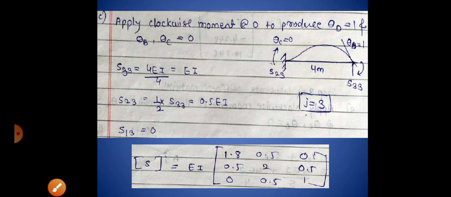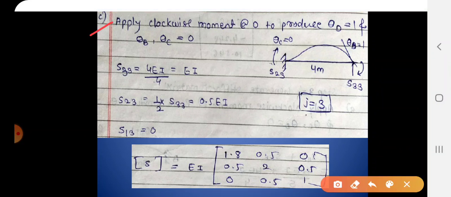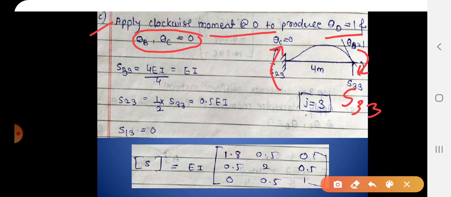Now go to part C. Our third displacement is theta D. Therefore apply a clockwise moment at D to produce theta D equal to 1, and the other displacements, theta B and theta C, shall be 0. This moment applied at D will be S33. It will be carried over to joint C as S23, and there is no transfer of moment to end A, therefore S13 is 0.